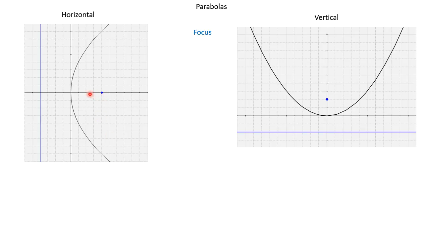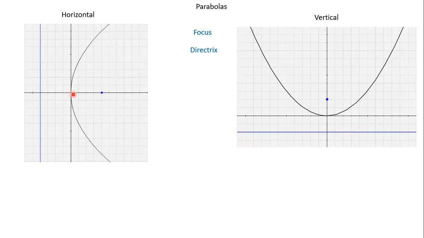The closer the focus gets to the vertex, which we haven't talked about, but we know what the vertex is, the skinnier the parabola gets. And the further away you pull the focus, the closer to a straight line it gets. But we have the focus. We have the directrix, which is this other line that's on the other side of the parabola.